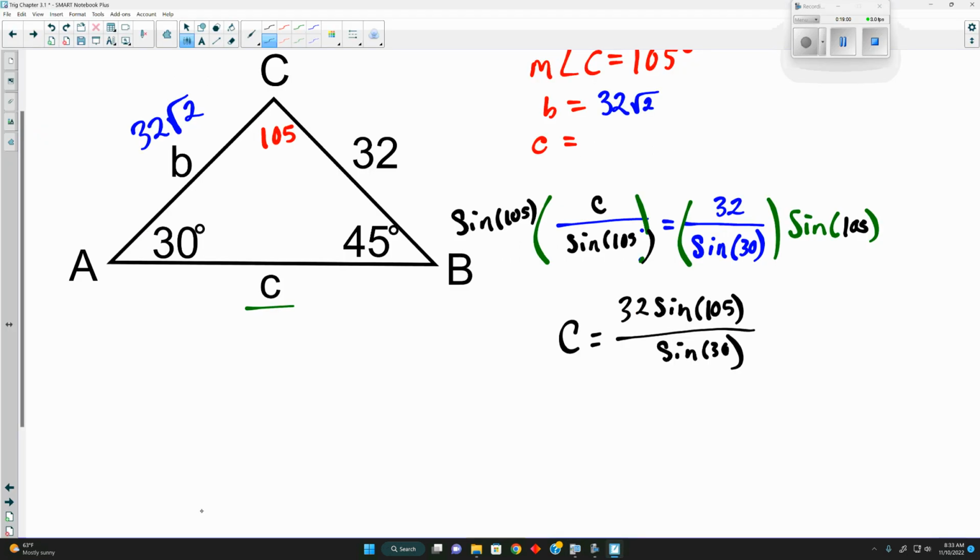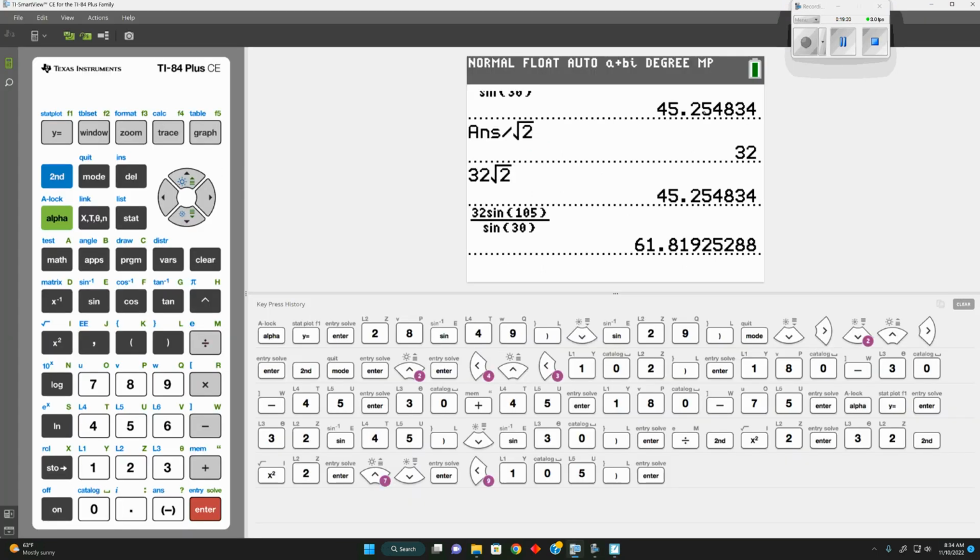So this here, we can say 61.8. Especially when you look at the directions, if the directions say round to the nearest tenth, we will want the 61.8. For 32 square root 2, we want the 45.3.